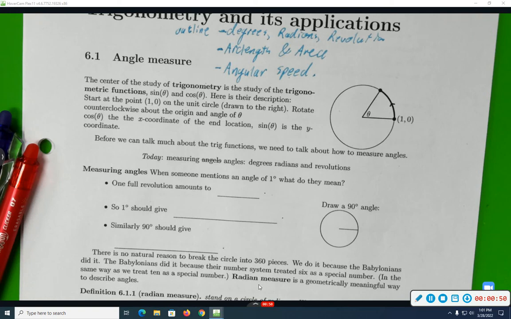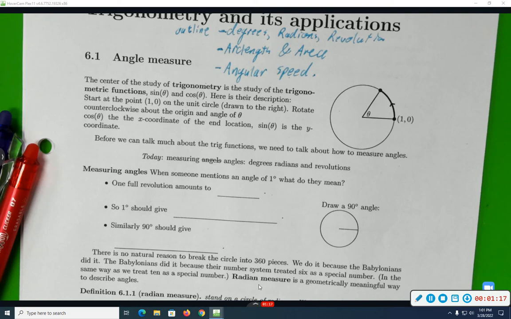Start at 1, 0, and walk counterclockwise across the circle. The total length of theta.